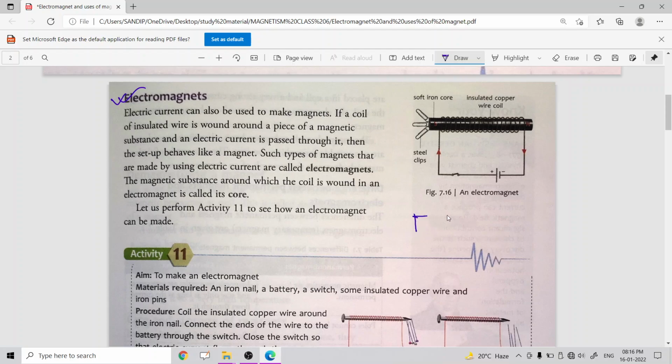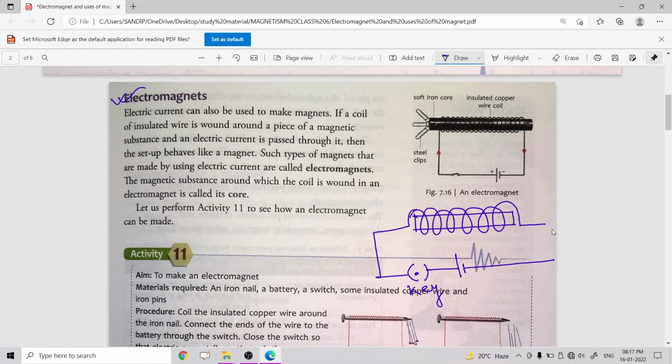Suppose this is a soft iron core, and we take an insulated coil wound around the soft iron core, and a key or switch, and we take a cell and connect it like this.